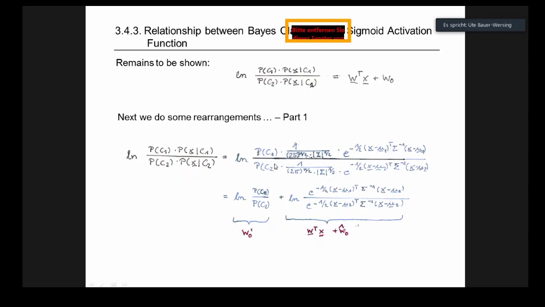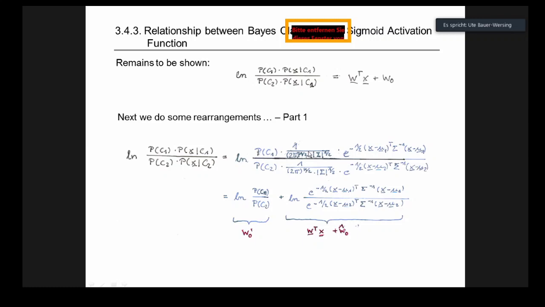Okay, and if you apply the rules for the natural logarithm, we can separate both components. So we have one component, which is the natural logarithm where we divide the prior of class 1 by the prior of class 2, plus the natural logarithm of the quotient of the two exponentials.